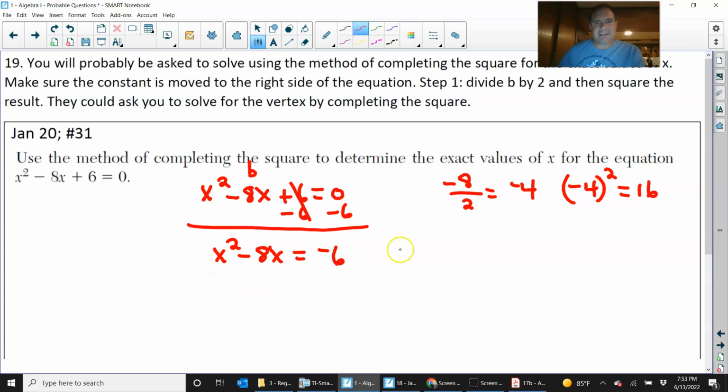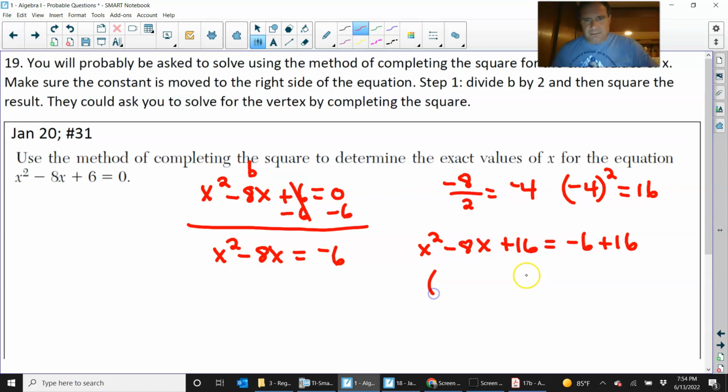You go back to this, which is x squared minus 8x, and you add 16. You're completing the square, -6 plus 16. Or you add 16, you add your value to both sides. So now you're going to factor this. Let me get that out of there because that looks really bad.